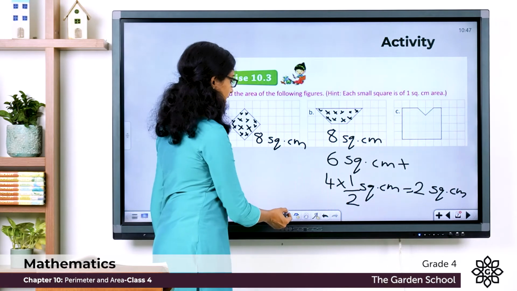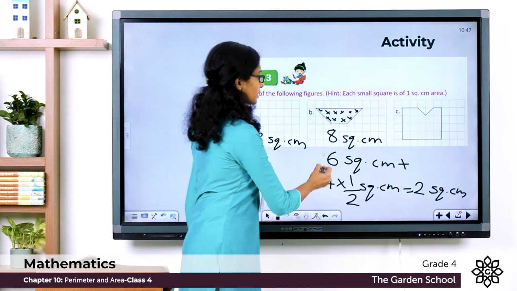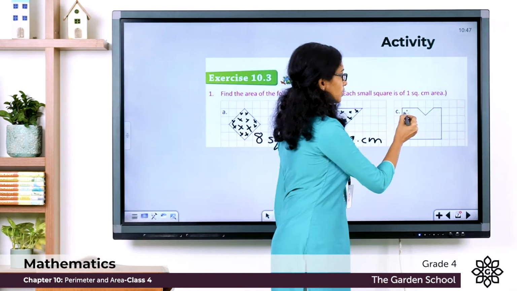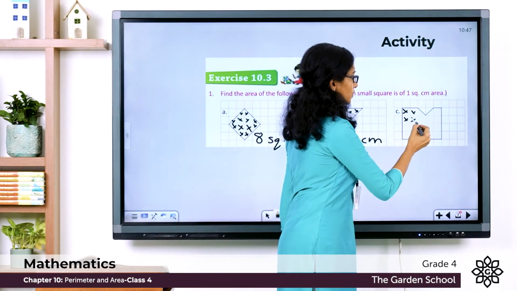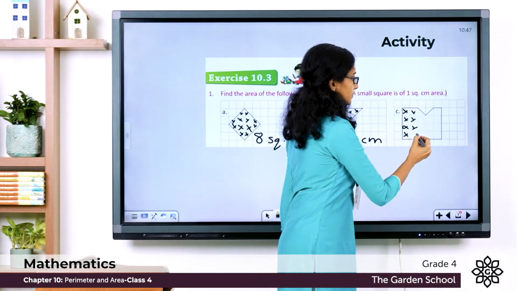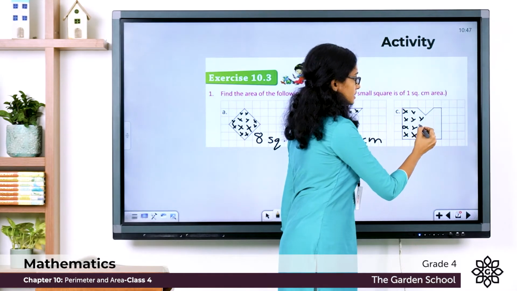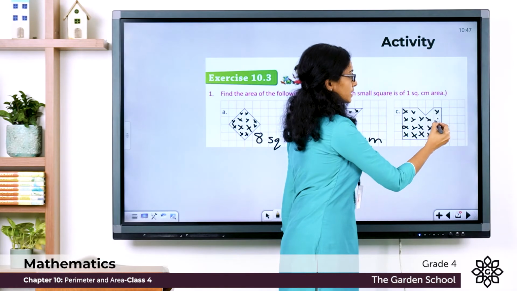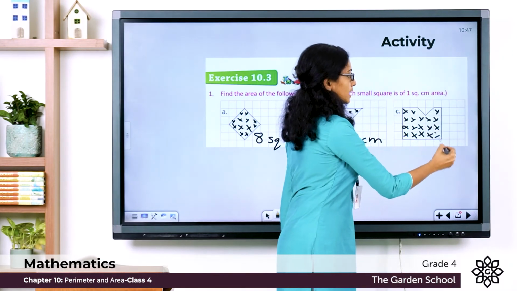Now let's see the third one, question C. Now let's count the number of full squares first. So there are 1, 2, 3, 4, 5, 6, 7, 8, 9, 10, 11, 12, 13, 14, 15, 16, 17, 18.